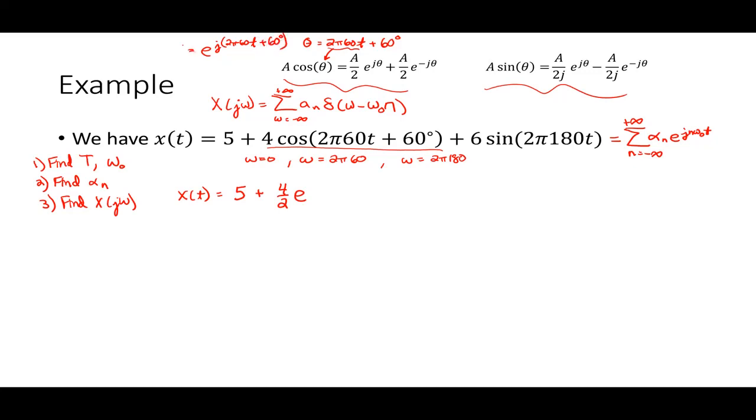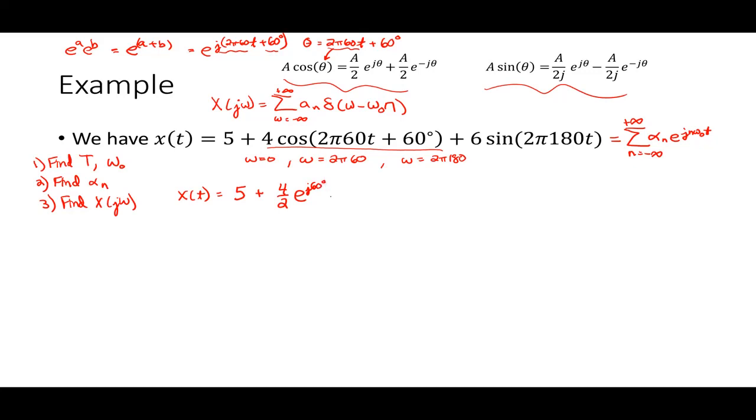I can think of that as basically e to the a plus b. This is a, this is b. I know that that's always equal to e to the a times e to the b. So I'm going to express this like so.